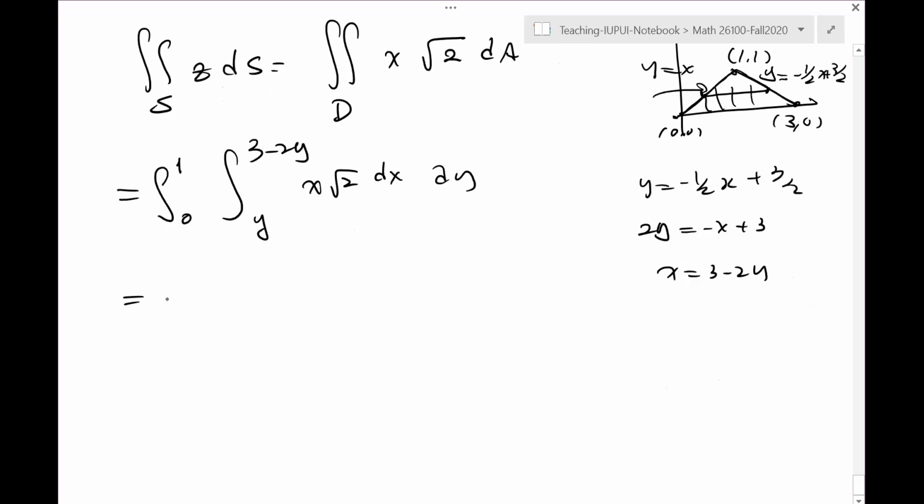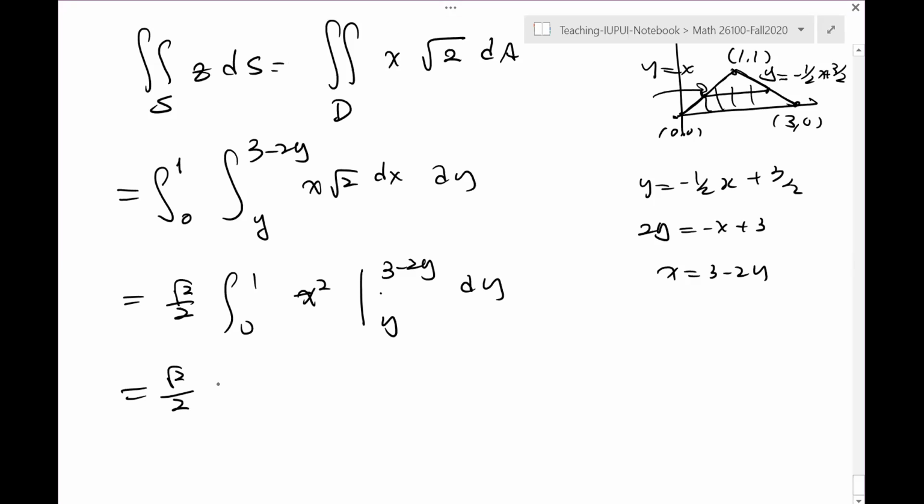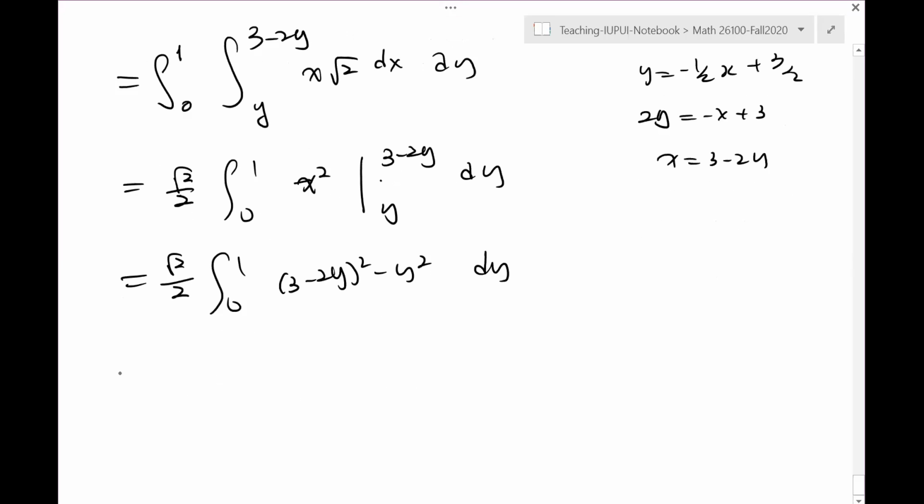The antiderivative of x is half of x squared. Evaluate at the two endpoints. So you will get the integral of (3 minus 2y) squared minus y squared, dy.